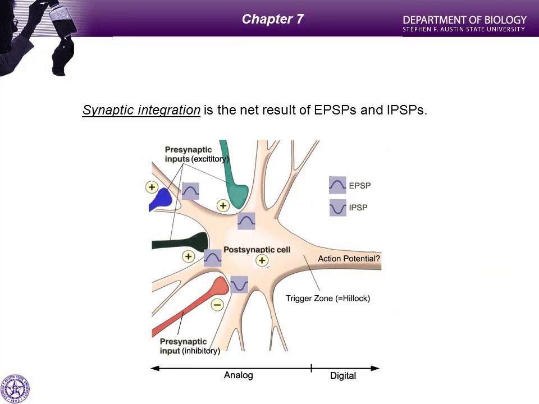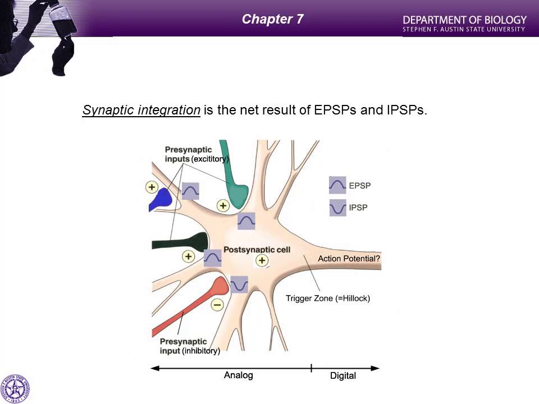Now, we touched on this a little bit in the previous slide, but synaptic integration, that much greater control, higher fidelity of signal transmission, the checks and balances to make sure the information being sent is in the right form, in the right direction, at the right time. It all impacts as the net result of the excitatory potentials and the inhibitory potentials and what reaches the axon hillock.